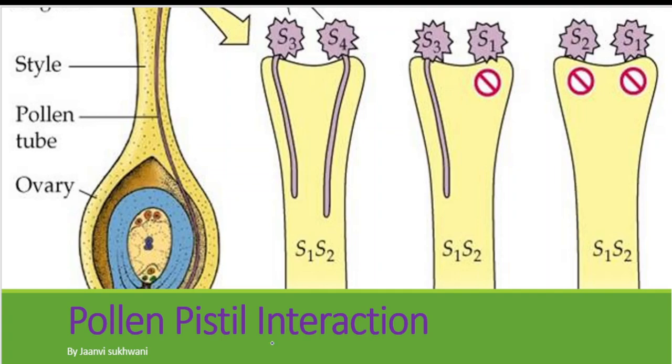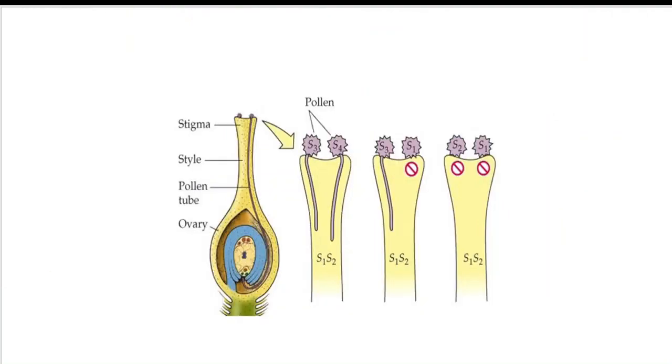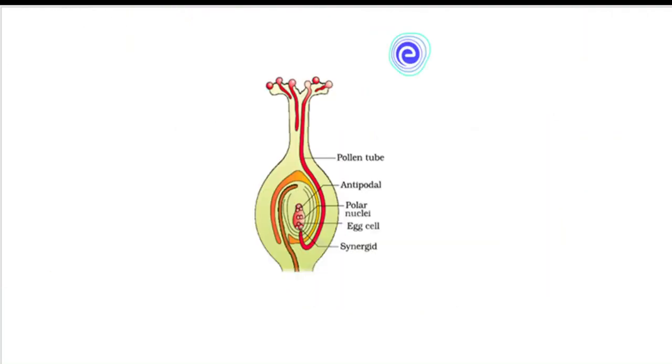Now where is the egg? We will see a good image. If you can see this image, the first thing is that the pollen will land on the stigma. We will make one flowchart also, but first, the pollen grain will land on the stigma. Then in the second step there will be a recognition.